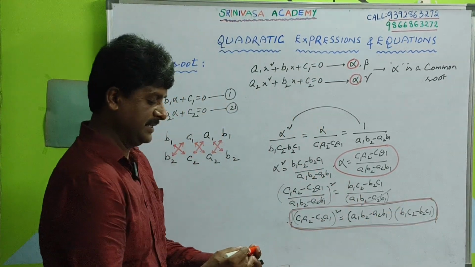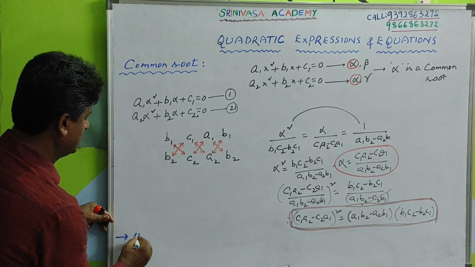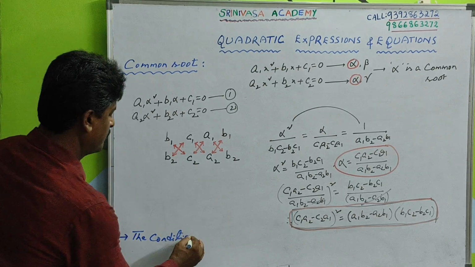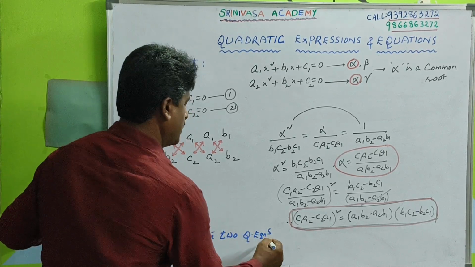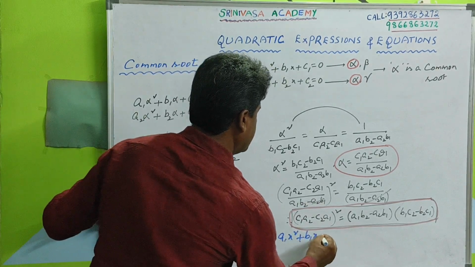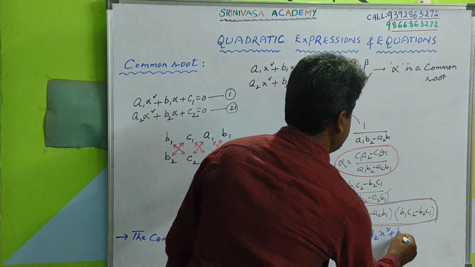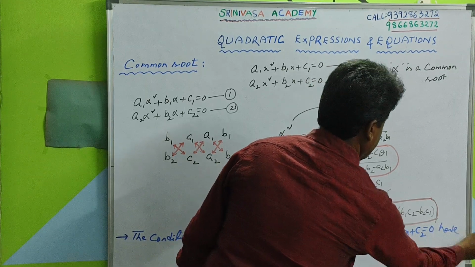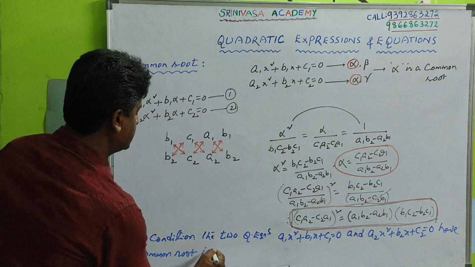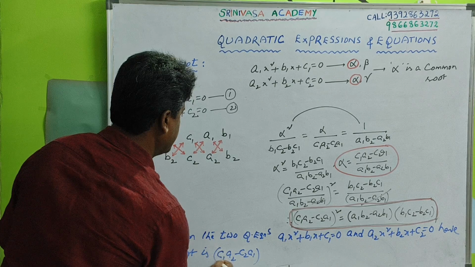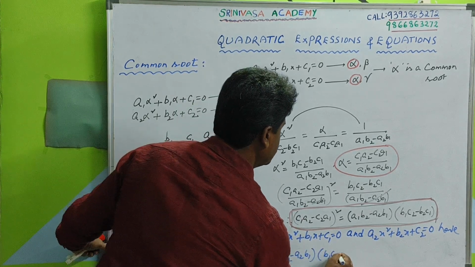So here the statement is, finally we can conclude this: the condition that the two quadratic equations a1x square plus b1x plus c1 is equals to 0 and a2x square plus b2x plus c2 is equals to 0 have a common root is c1 a2 minus c2 a1 whole square is equals to a1 b2 minus a2 b1 into b1 c2 minus b2 c1.